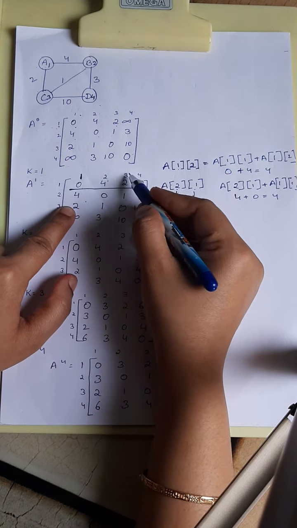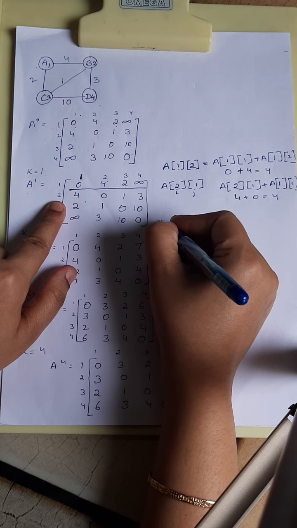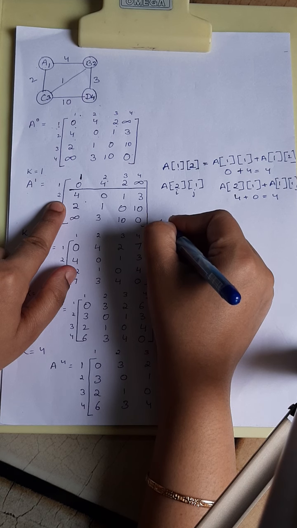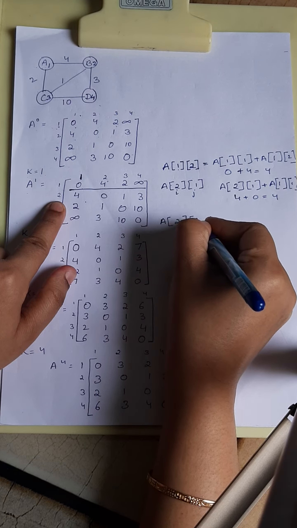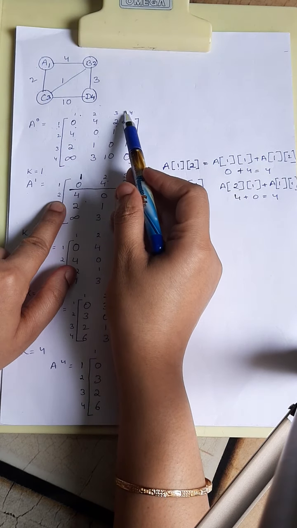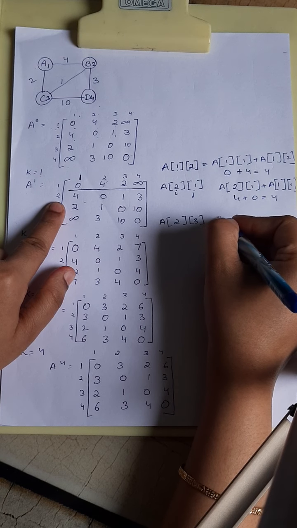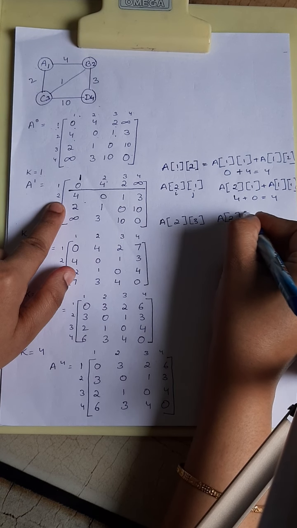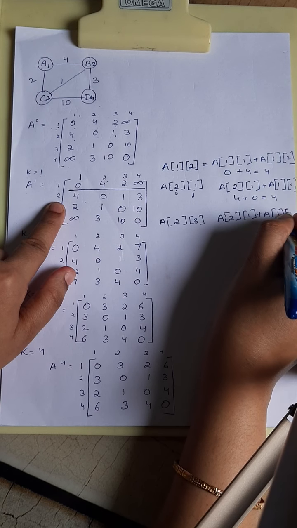From 2 to 3, again we will check. 2 to 3 value is 1, and now via k if you want to check, you have to check A of 2 1 plus A of 1 3.